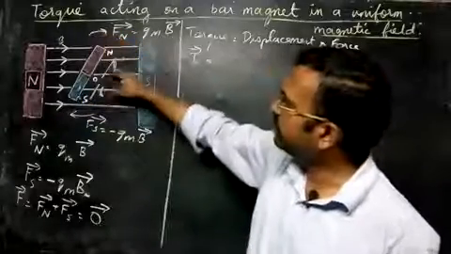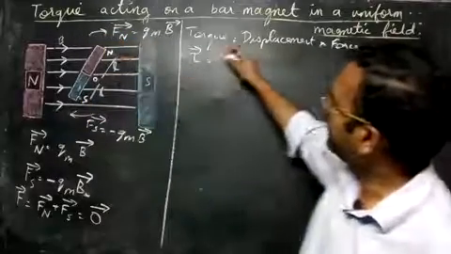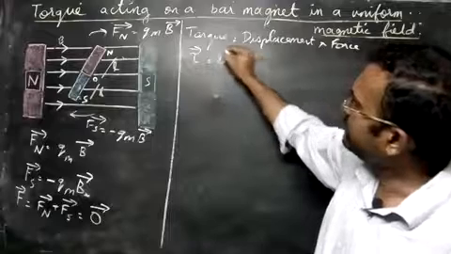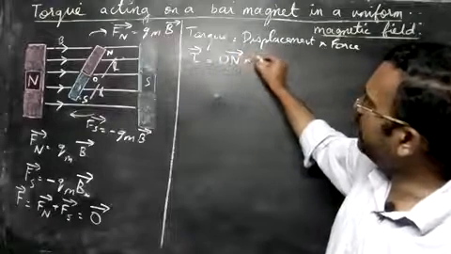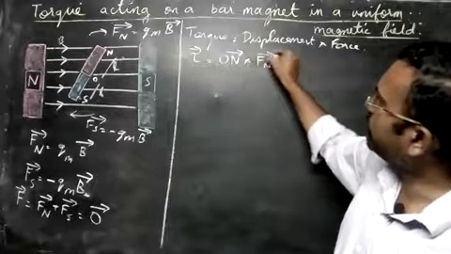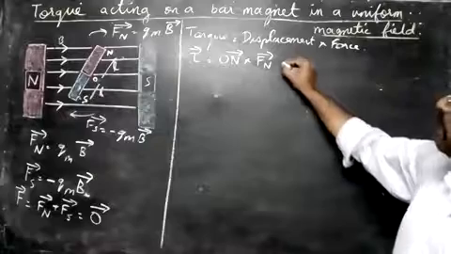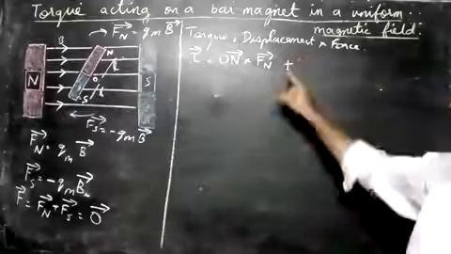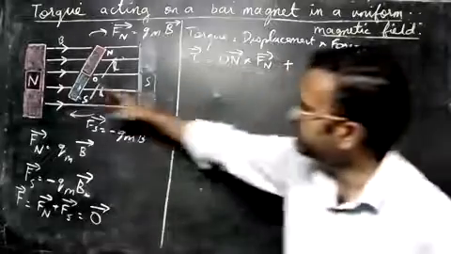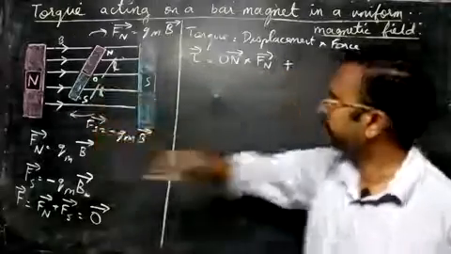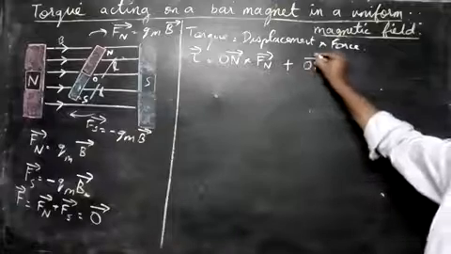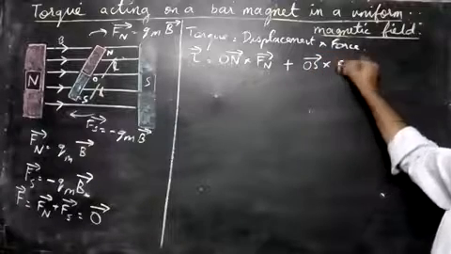So this one, On cross Fn vector, where On is the distance vector, cross Fn, force on the north pole. Plus this one, and this is a plus term, don't think of multiplication, plus Os vector cross Fs vector.